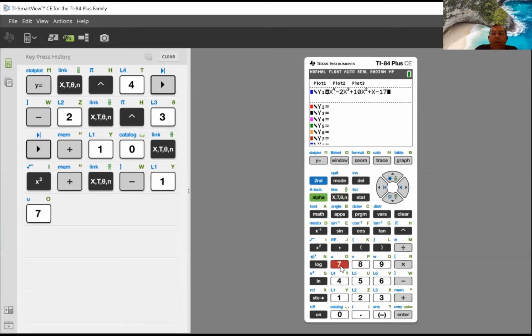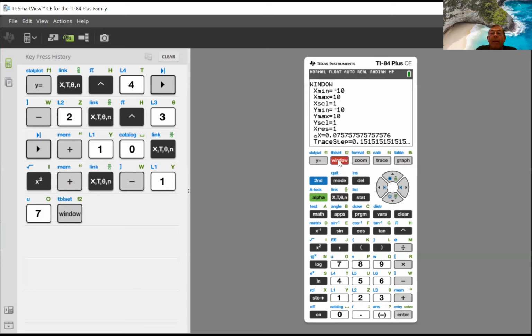Now, to put in those numbers they gave us to make the graph fit, you hit this window button. Right by the y equals is a window button. So hit window. By default, they're usually on -10 and 10 and all that. So the x's they wanted me to use was -5 to 5. So I'm going to put a -5 enter and then a 5 enter for the x max.